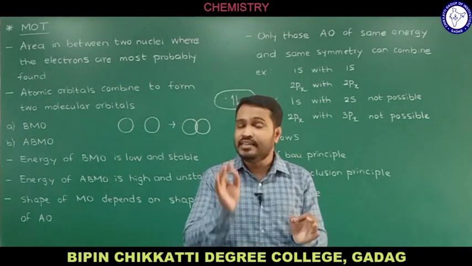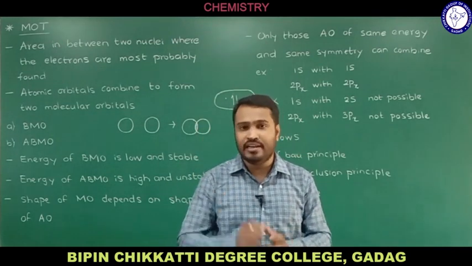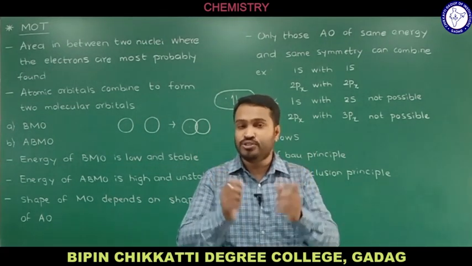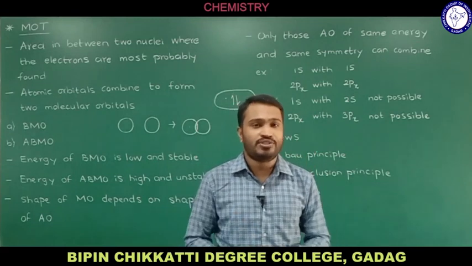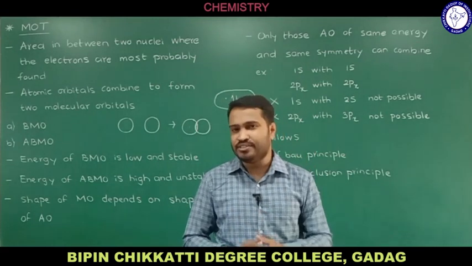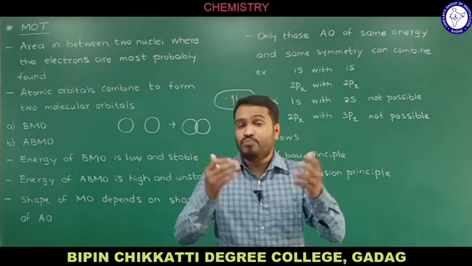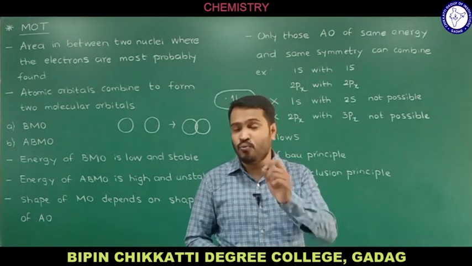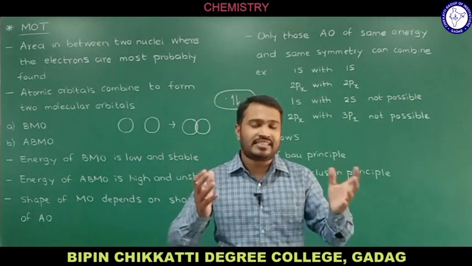Remember that in molecular orbital theory, you need to follow the Aufbau principle, Hund's rule, and Pauli's exclusion principle also. In some cases, if we have elements of large atomic number, you need to follow one more rule, termed the extra stability rule.